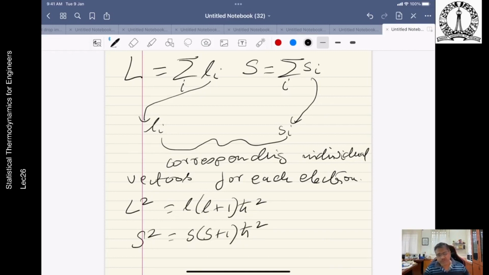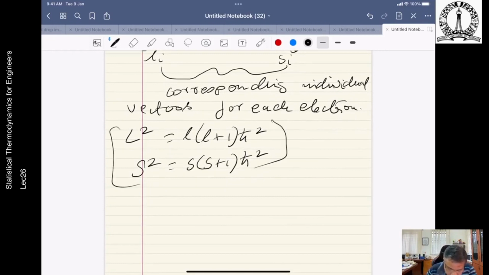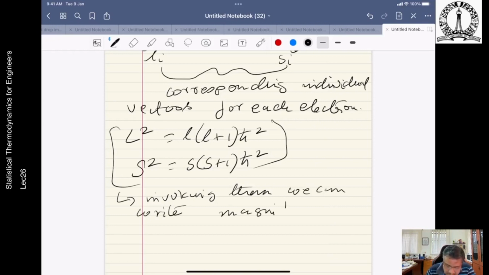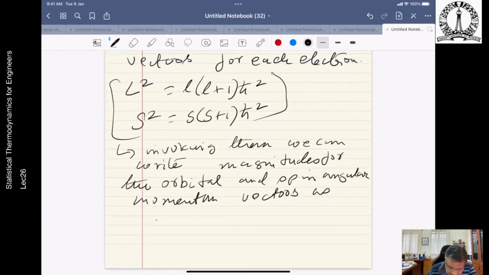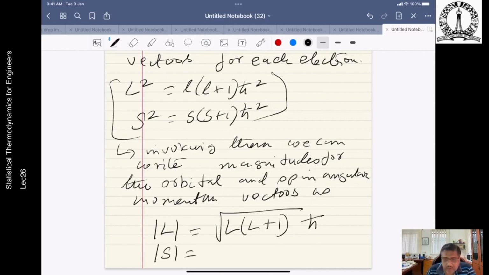Invoking these two, we can write the magnitudes for the orbital and spin angular momentum vectors as L equal to square root of L into L plus 1 h bar and S equal to square root of S into S plus 1 h bar.